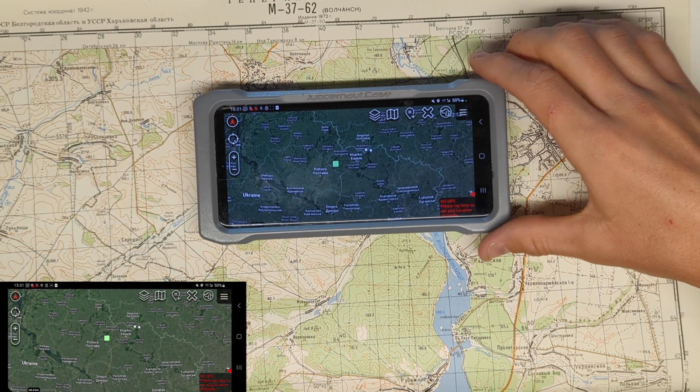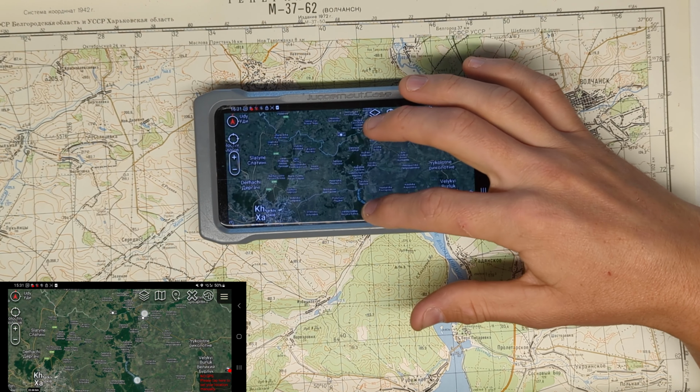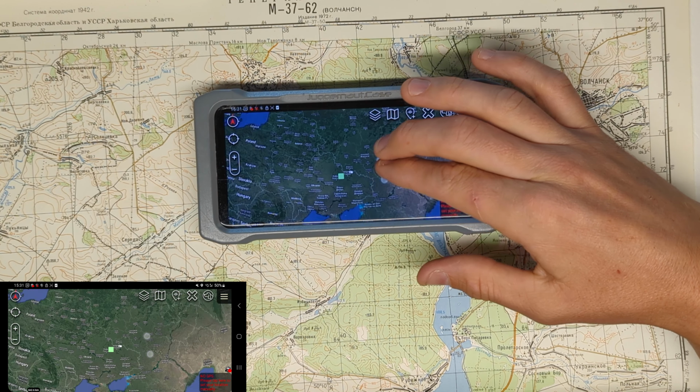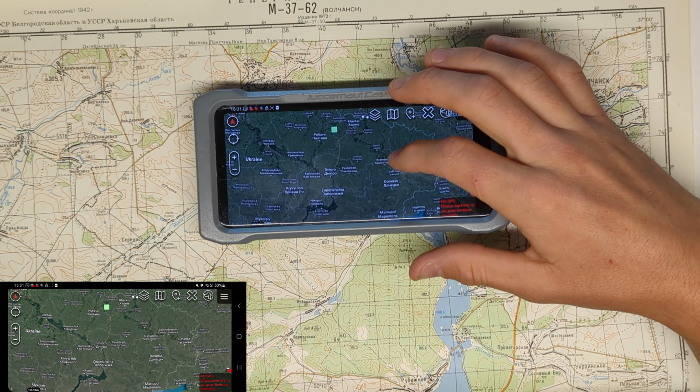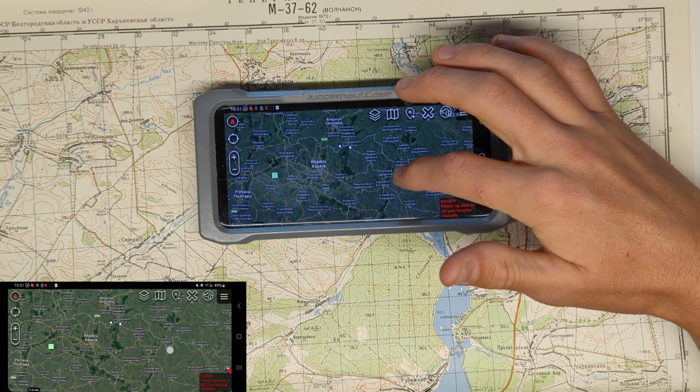So how is this actually displayed in TAK? Right here, we are looking at a map of Ukraine in TAK. We're looking at the Google hybrid version. I'm going to place my GPS right here, somewhere in Kharkiv Oblast. As you can see at the bottom right, we've got the MGRS coordinate system, which TAK usually comes with.